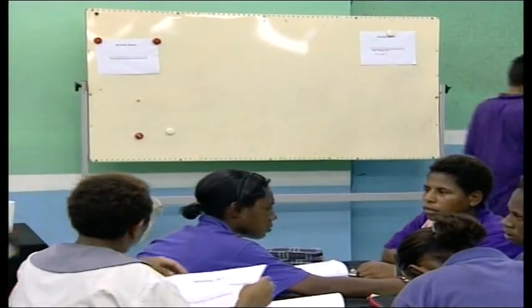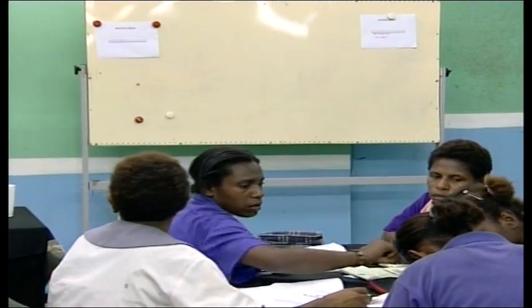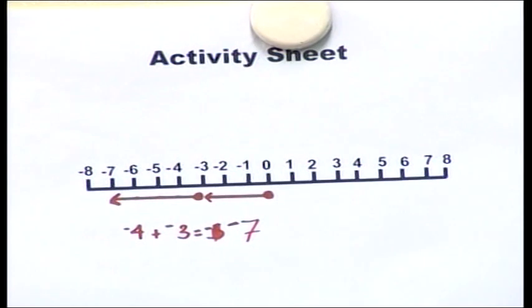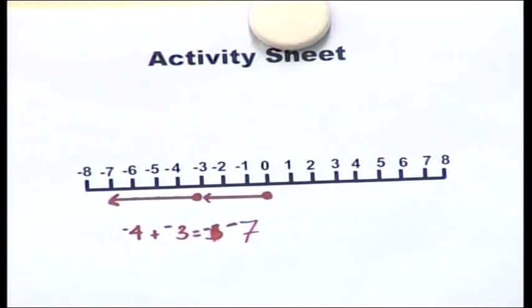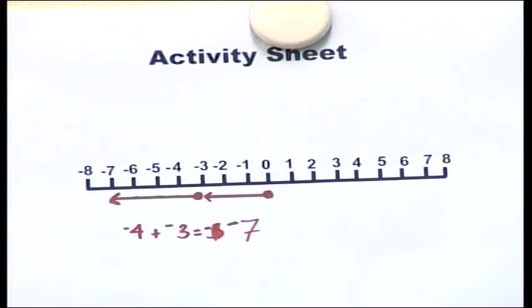If you finish, paste it on the board. Students, you have 1.5 minutes remaining.